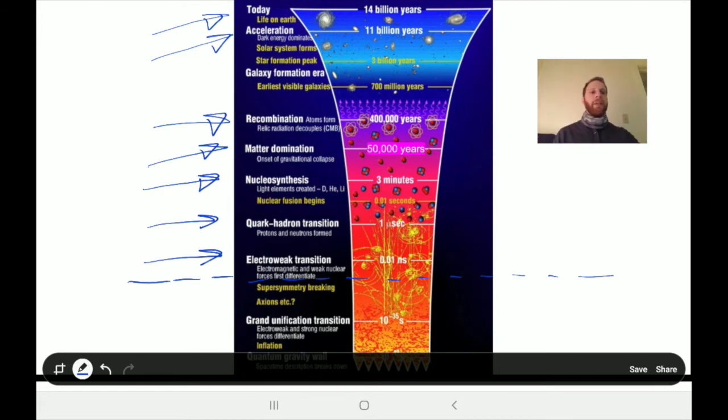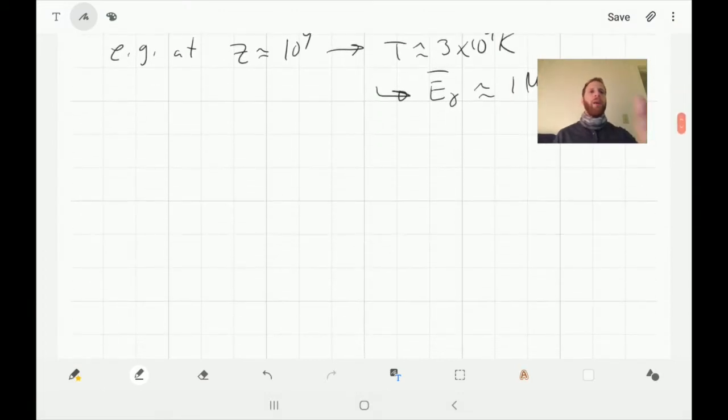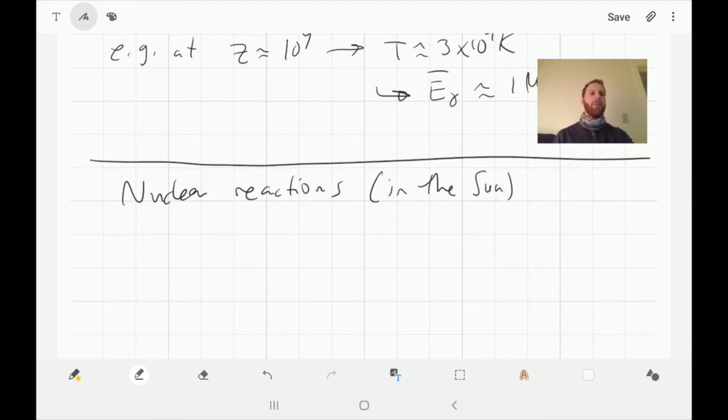Okay, that being said, let's talk about nuclear interactions. You may already be familiar with the fact that nuclear interactions are responsible for almost all the life on Earth. That's because the sun is fueled by fusion reactions going on in the core. So, nuclear reactions. Something that you might be interested in is the sun. Oh, my handwriting is terrible. Sorry.